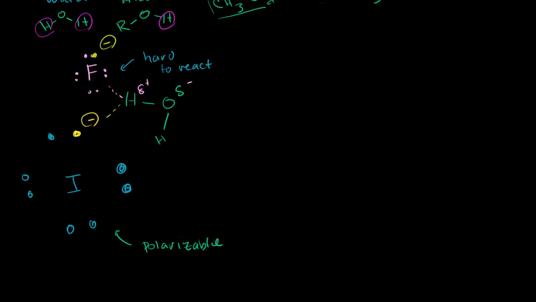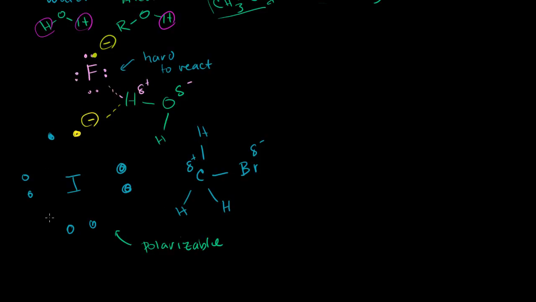So let's say this iodide is getting close to a carbon that has a partial positive charge. So let's say a carbon is attached to a, I don't know, a bromine, and then it's attached to 3 hydrogens. We've seen the bromine will have a partial negative charge. It's more electronegative than the carbon, which will have a partial positive charge.